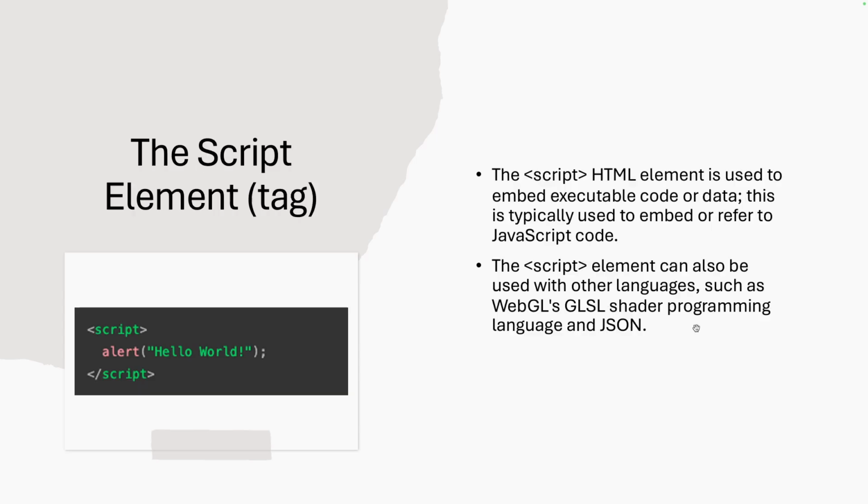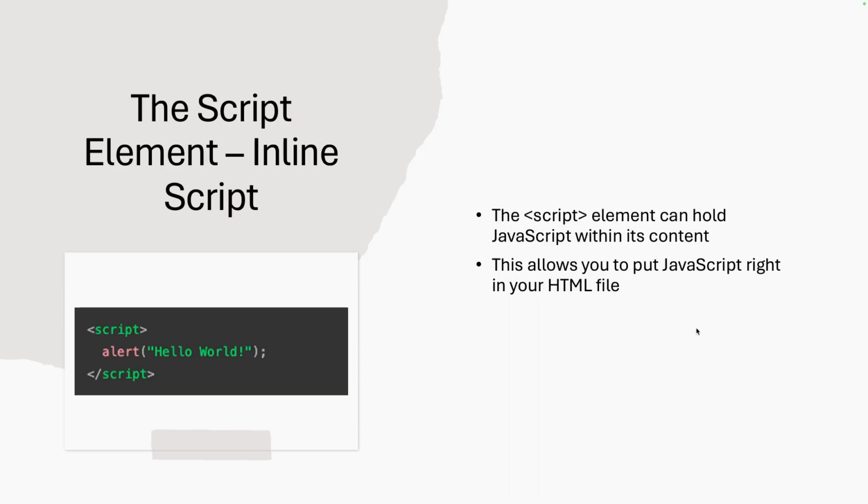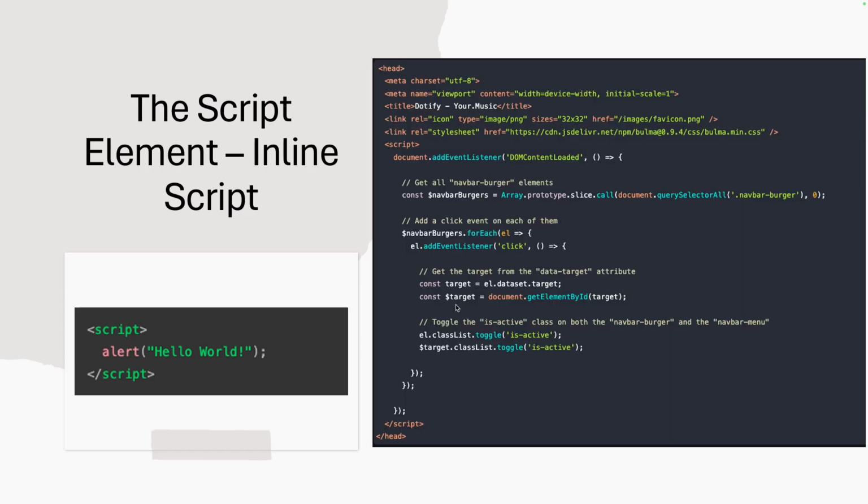When we're using the script tag, it is possible to run JavaScript just in our page as inline JavaScript. Right now here, we're just running hello world. So we can basically just put JavaScript right in our HTML file. If we remember our labs, and honestly, if you're not doing the labs, you're going to start getting very lost, so you really should.